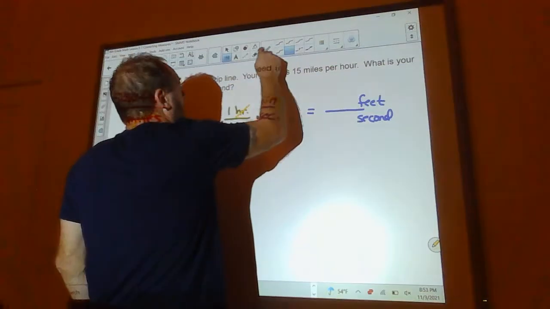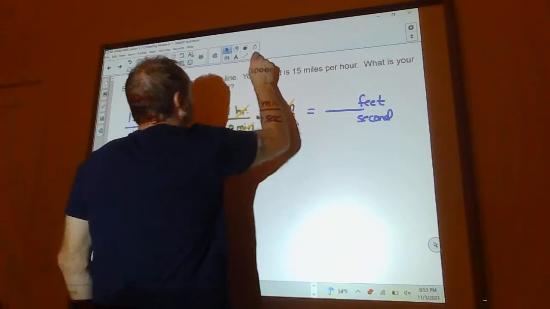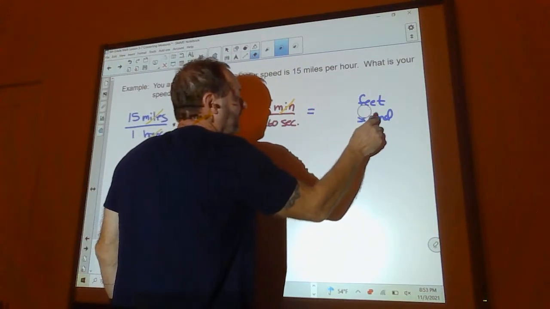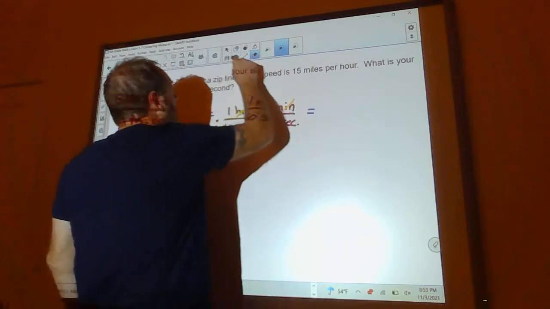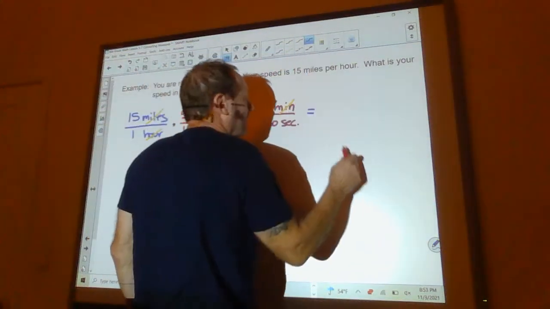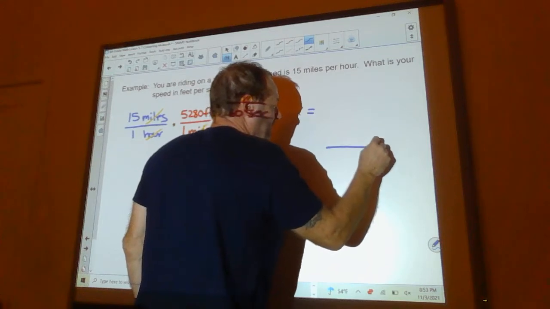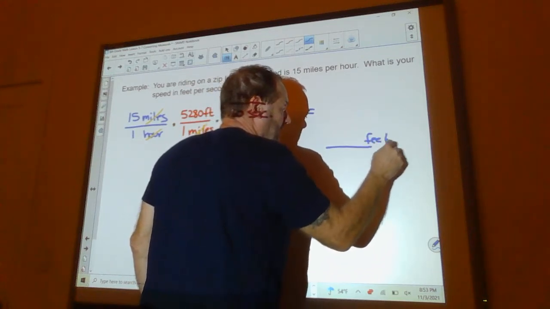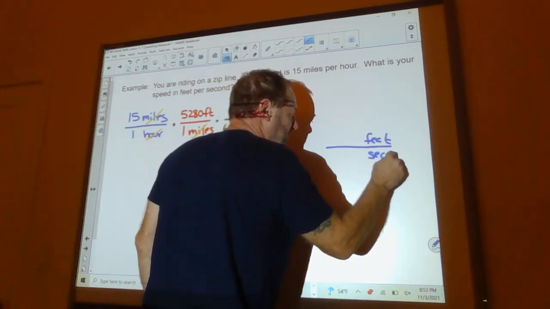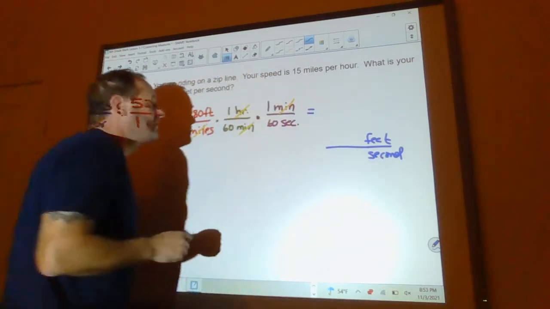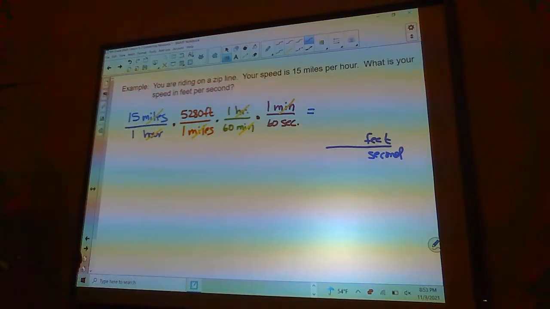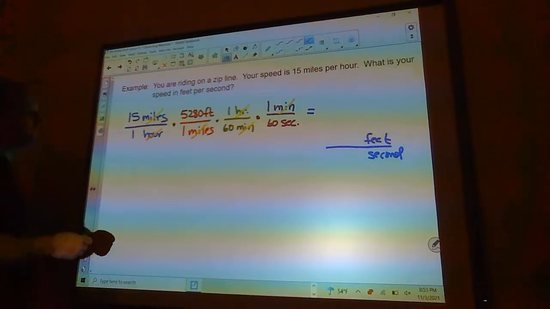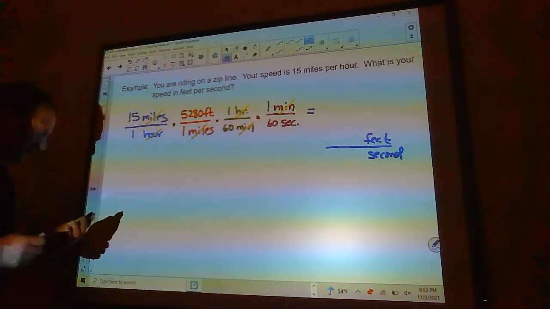Okay, so now I just got to work this out. I don't like the way this is written over here, so let's just do this. I'm going to move this down. I want blank feet per second. Okay, so I'm going to have a little step here in between. So here's what I need to do. I need to multiply these four things together.